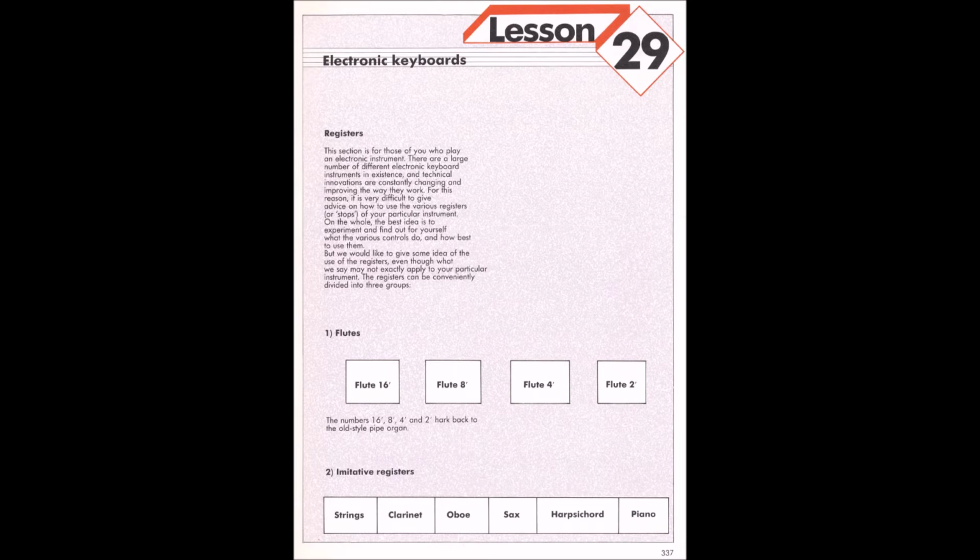Now let's listen to some of the imitations of other instruments. This is the harpsichord register. Next, the strings. And the piano.